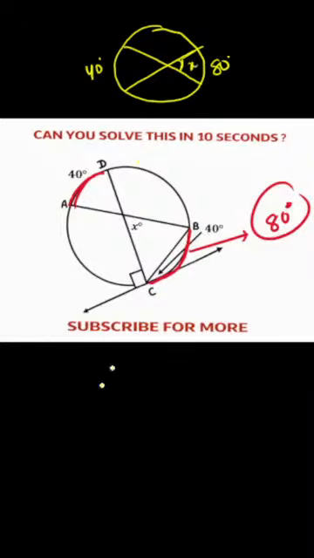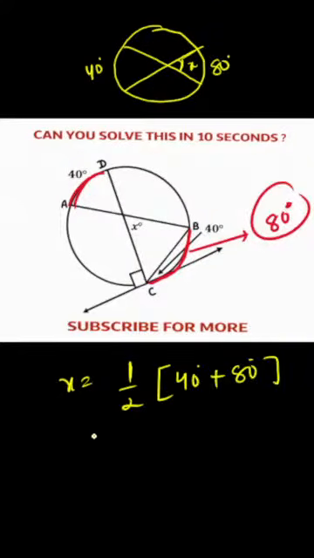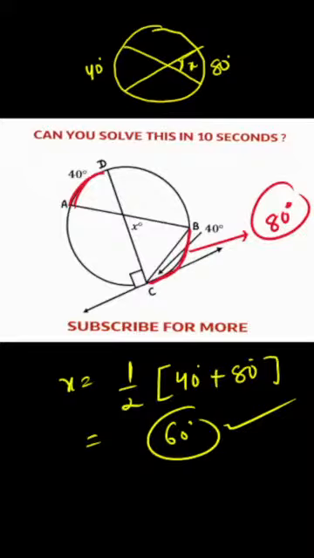So X is directly equal to half of the sum of 40 and 80, which is 120. Half of 120 gives you 60. So this is the intercepted arc theorem of circles. I hope that is clear to all of you guys. 60 is the right answer using either method.